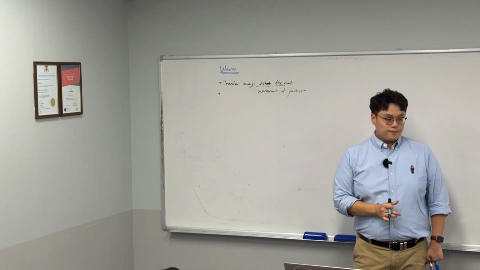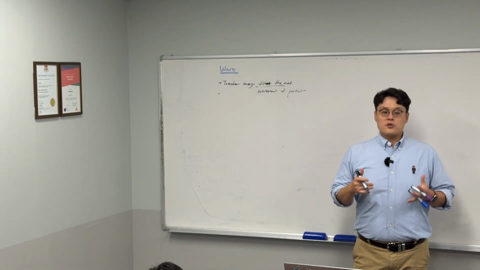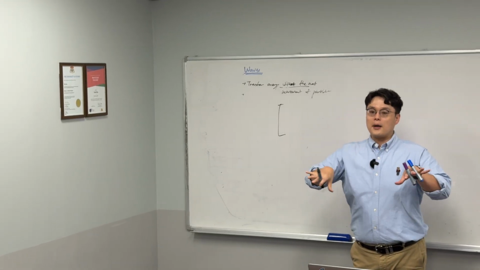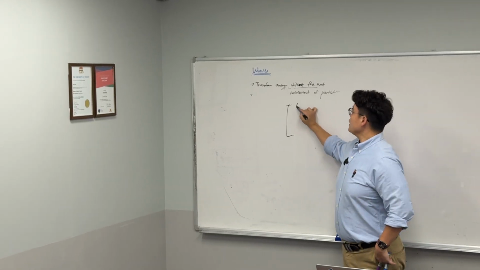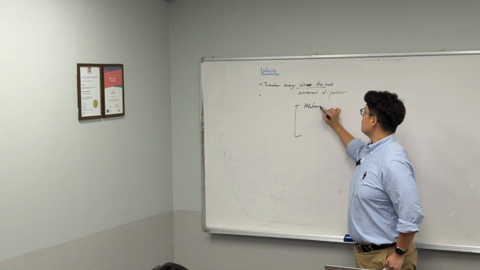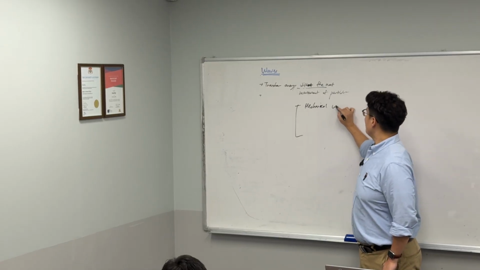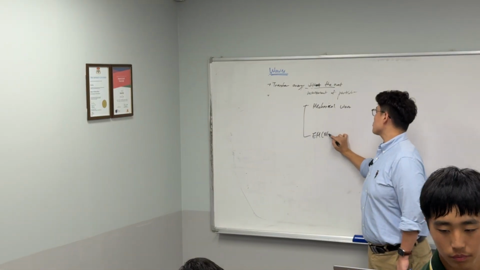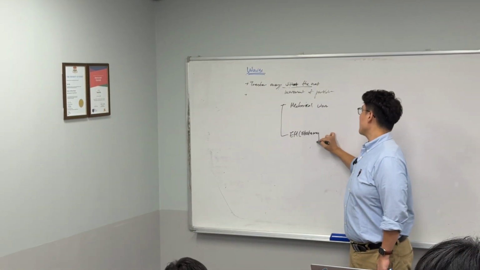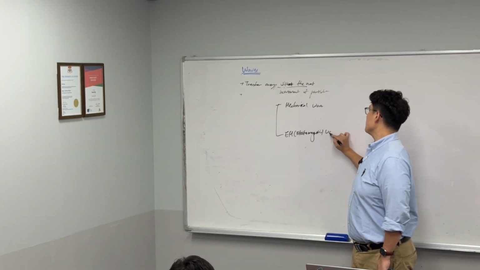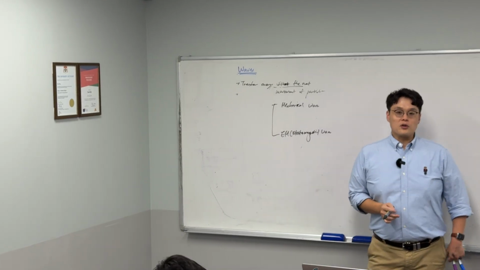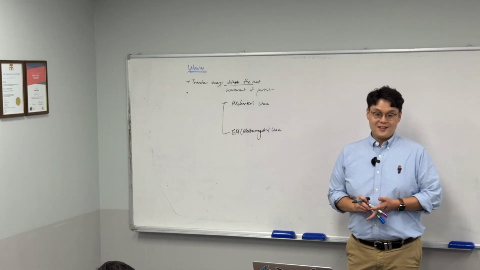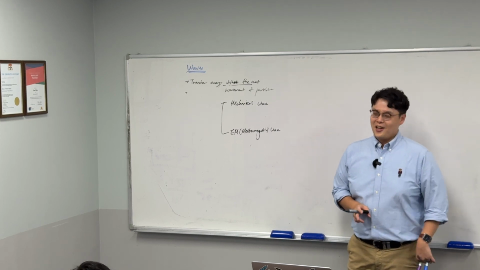All good? So we have some things to discuss here. There are two ways we can categorize a wave. One is called mechanical waves. Another is called EM, or electromagnetic, waves.